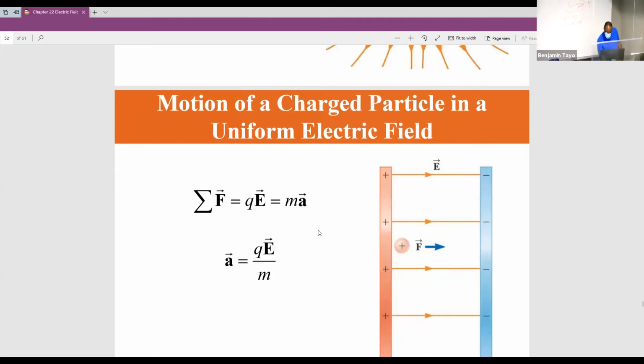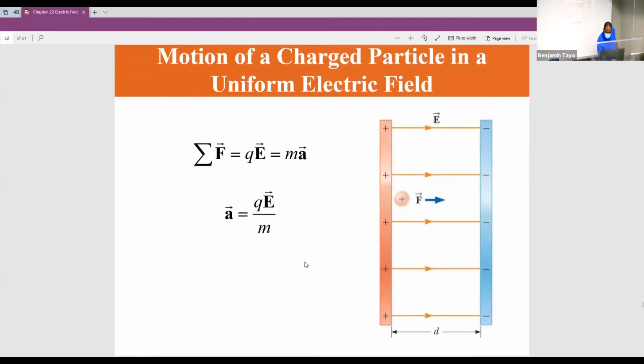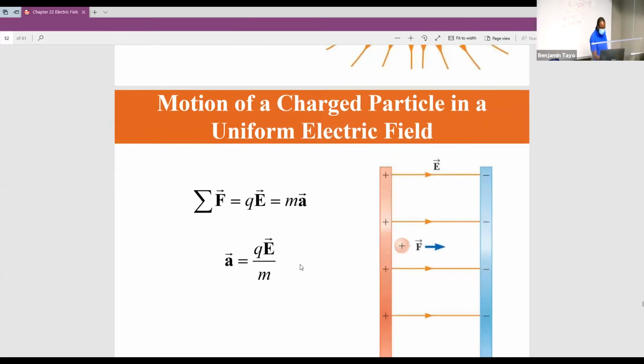So let's look at this final problem right here. Now, in this example, we have the motion of a charged particle in a uniform electric field.